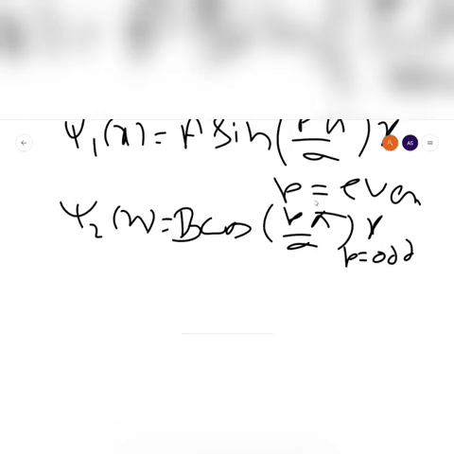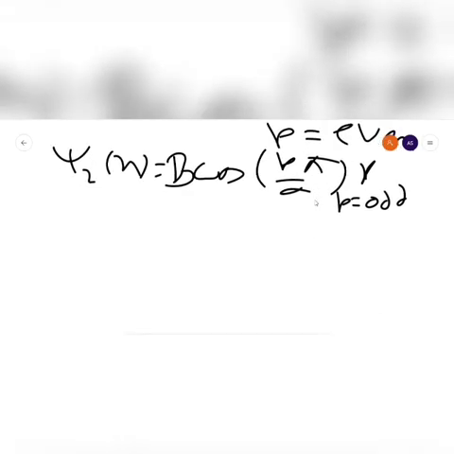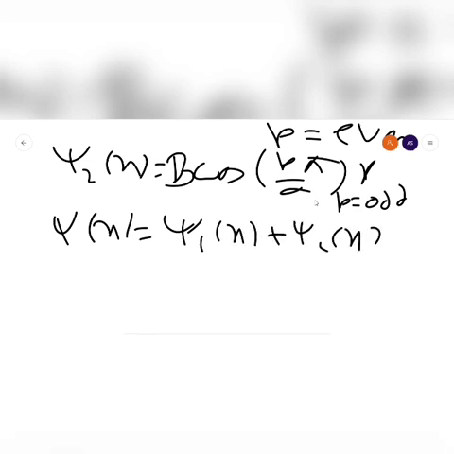It means there are two wave solutions present in a box. The total wave function is psi is equal to psi1 of x plus psi2 of x.